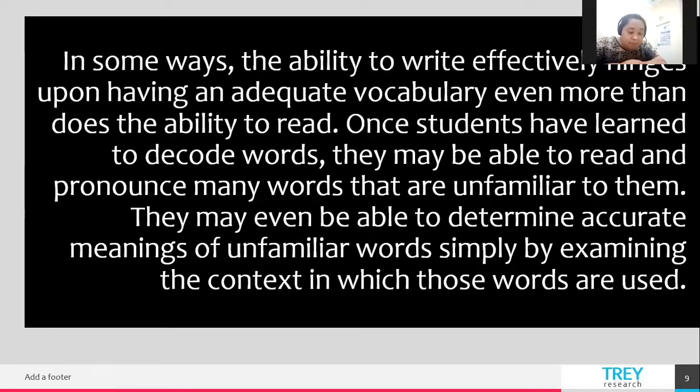So learning the vocabulary is not just knowing all the meanings of the words actually. It's also knowing the words within those contexts, or within the context of the sentence.